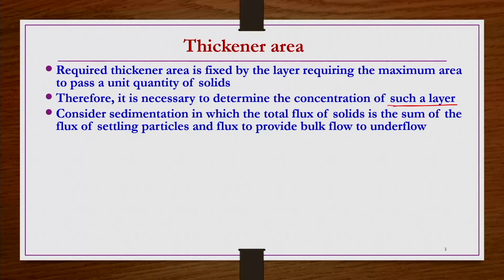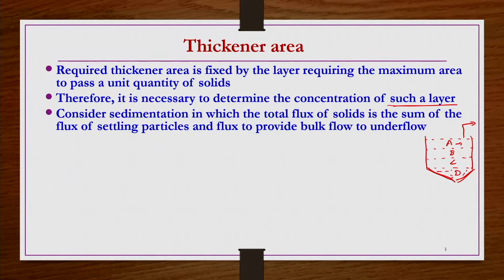Let us say we have a continuous thickener, something like this. Once the steady state is achieved, these different zones, A zone, C zone, B zone, D zone, are there. So, these layers will be developed. A zone is a clear liquid zone, and that is taken as overflow.